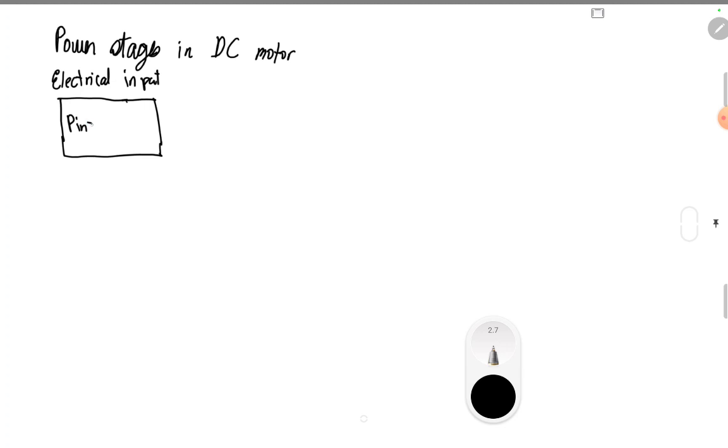We will call this our P in, equal to our VT multiplied by our I in, the terminal voltage multiplied by the input current. So V in multiplied by my I in.